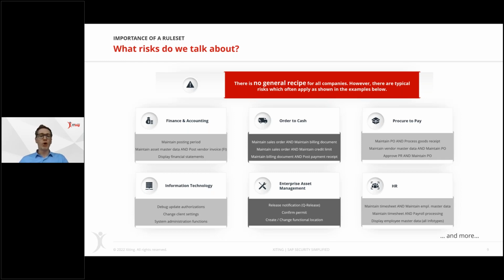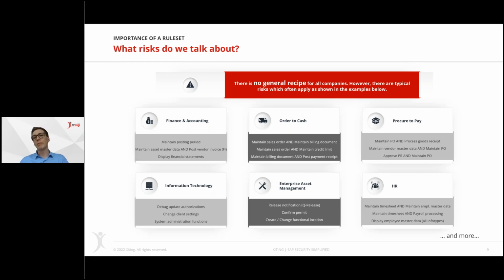From a project point of view, when we talk to our customers, in the beginning it's some sort of template that we use as a baseline for our discussions with the clients. But in the end, it will be tailored to the processes of the customer to make sure that only relevant risks are part of the rulebook.